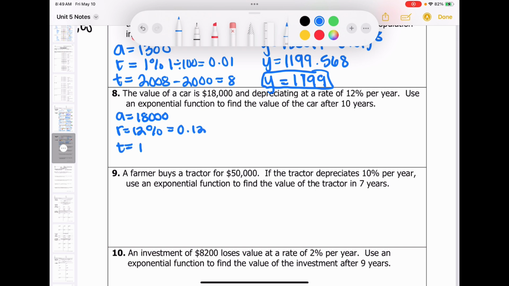Then our T is 10. I'm going to have y equals 18,000, parentheses 1 minus 0.12 to the 10th power. So I'm going to plug that in my calculator, and I'm going to get $5,013.02.